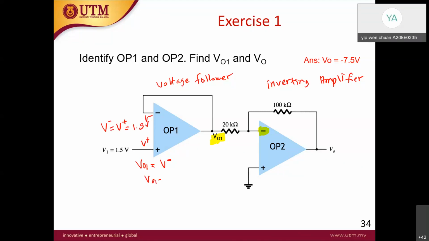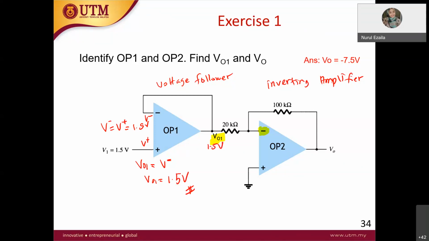So V out 1 is equal to 1.5 volt. Don't forget to put the unit. So this node is 1.5 volt.